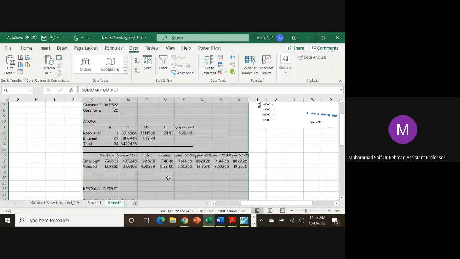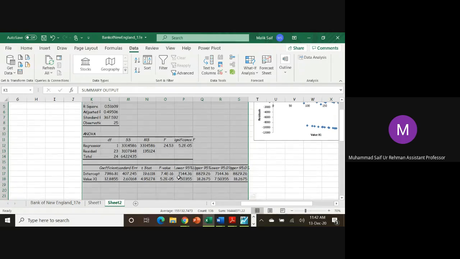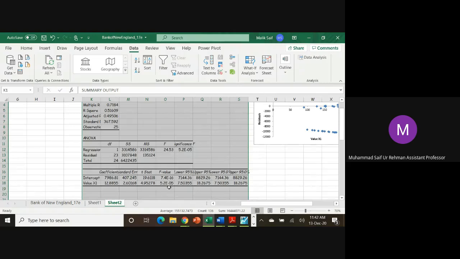The null hypothesis, in which you are saying that there is no relationship between the explanatory variable and the residual, you are going to reject. Alpha is 5% and the probability value is less than that, so in this case you are going to reject the null hypothesis.